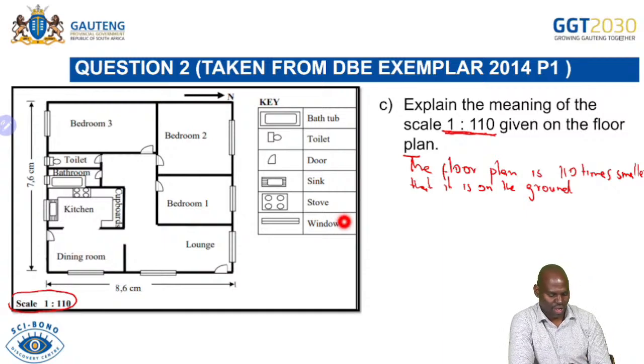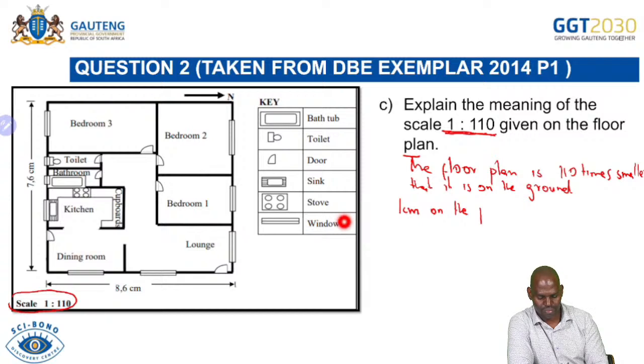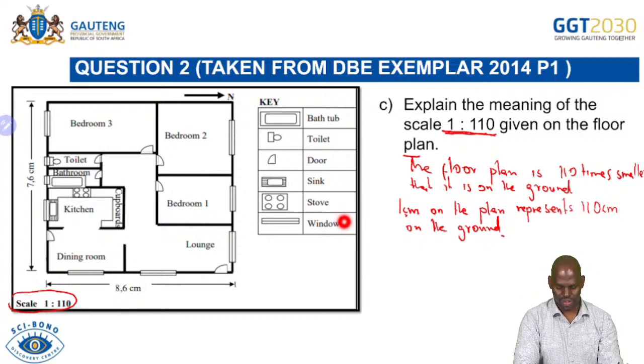Or one can say, because we know that the measurements used there are in centimeters, it simply means for every 1 centimeter on the plan represents 10 centimeters on the ground. So 1 centimeter on the plan represents 10 centimeters on the ground, or in reality.